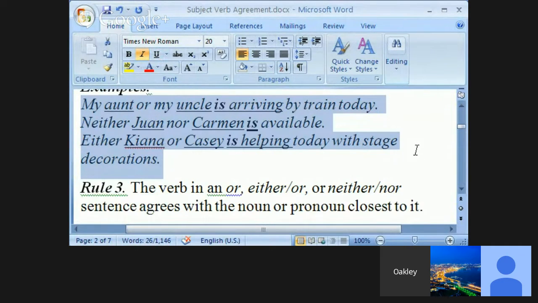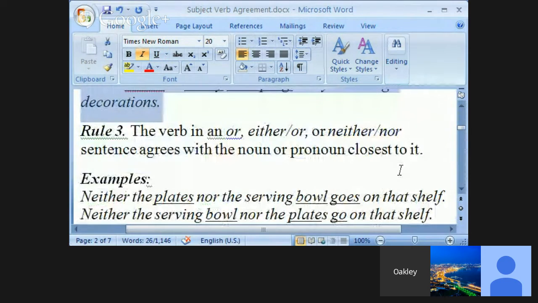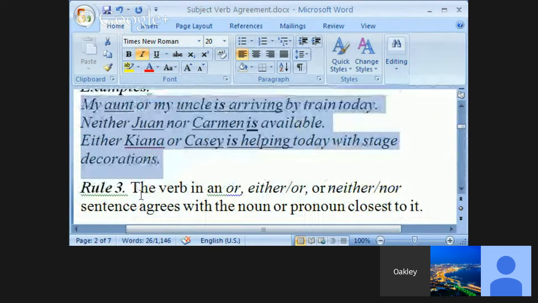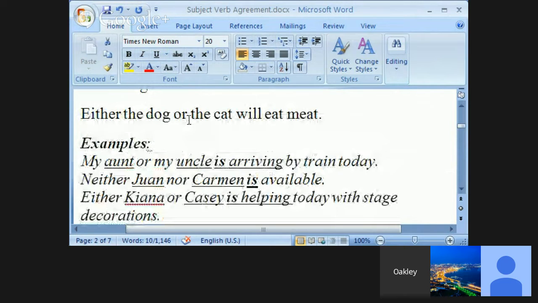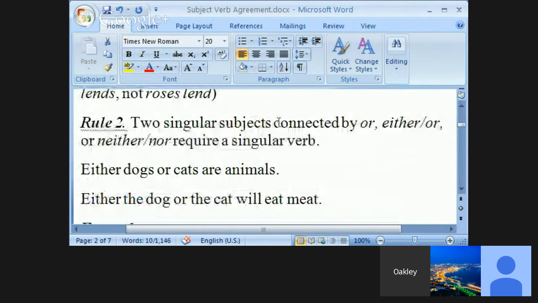All right, now, Carvalho. Wait a second here. Let's look at the next rule. The verb in an or, either or, neither nor sentence agrees with the noun or pronoun closest to it. So, in other words, we know what to do if we have two subjects and they're both singular. That's rule 2. And Hussein has kindly demonstrated exactly what we need to do if we have two plural subjects, dogs, cats.